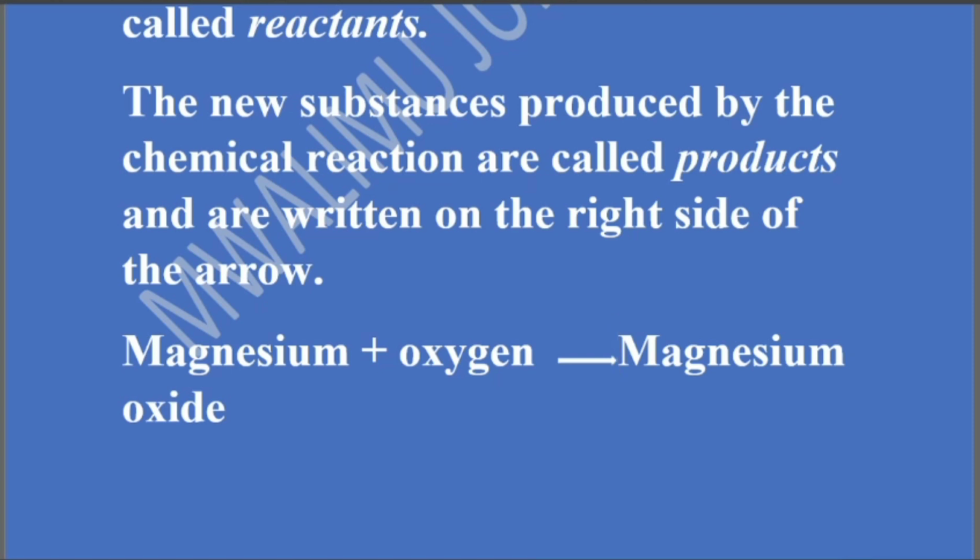So they are the reactants, magnesium and oxygen. Then we have an addition sign, meaning that magnesium is reacting with oxygen to form. So after their reaction, we have an arrow to mean what is being formed, which is magnesium oxide. Now that's a word equation.